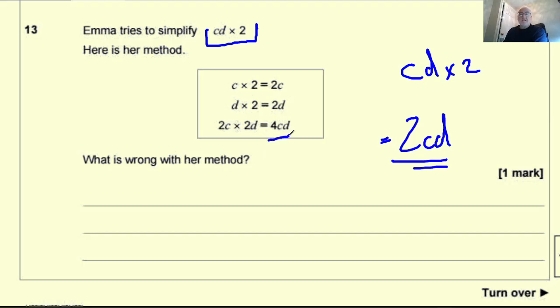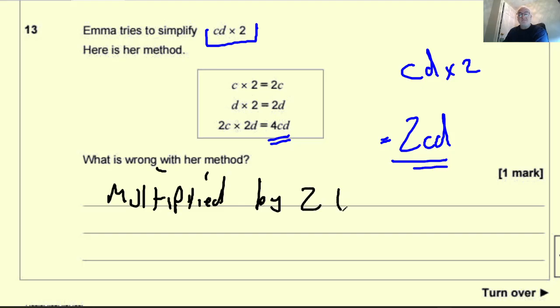What has she got in the answer? 4 lots of CD. Now the difficult thing is to put down what she's actually done in her method in comparison to what you've got. She's in effect multiplied by 2 twice. Remember CD is C multiplied by D multiplied by 2.